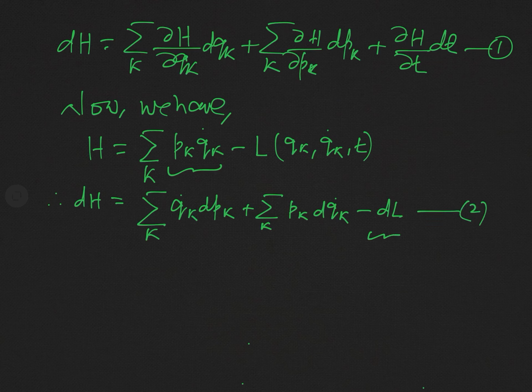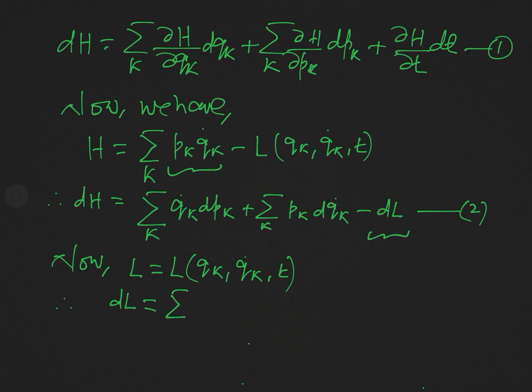Now first of all we will find this dL, that is the infinitesimal change of Lagrangian, and then we will substitute that value in this equation 2. So now we know that L is equal to L of qk, qk dot and t. And so what will be dL? I am just writing it in compact form directly as you have learnt it.